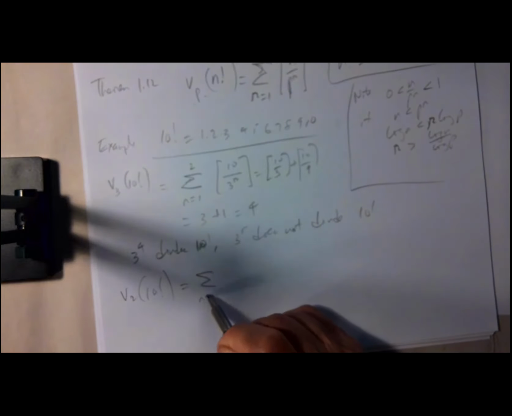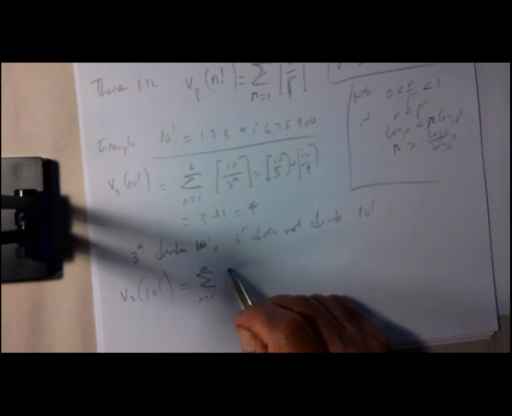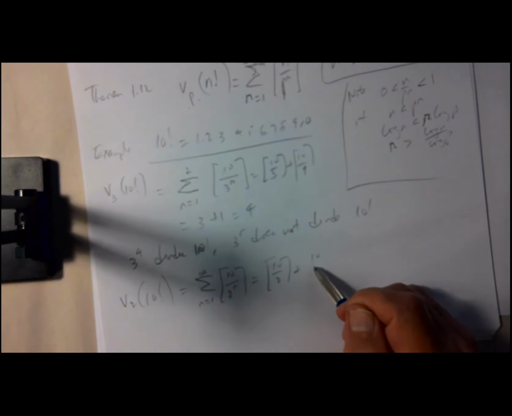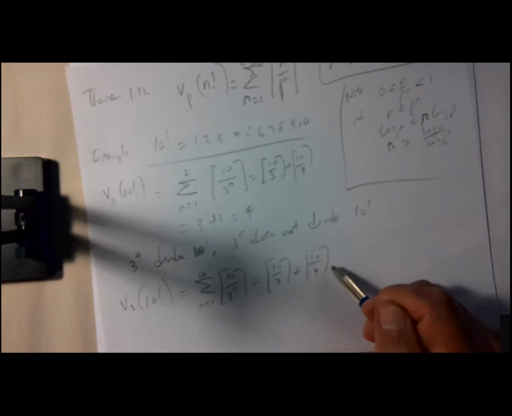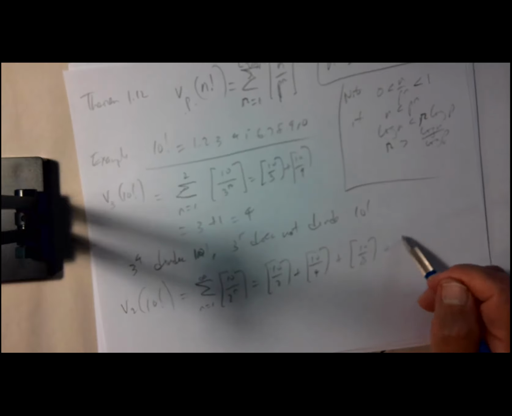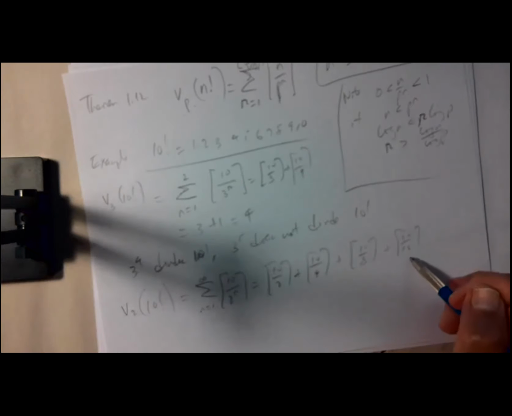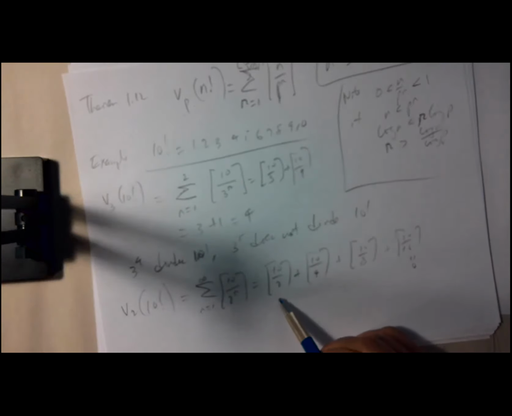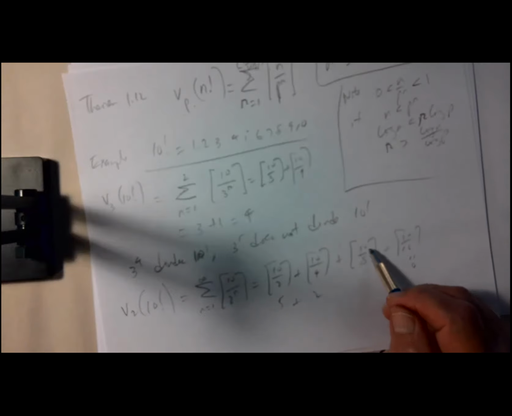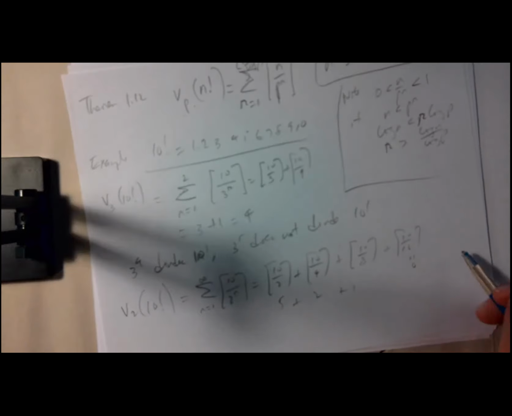This is a sum over r of the integer part of 10 over 2 to the r. So that's the integer part of 10 over 2 plus the integer part of 10 over 4 plus the integer part of 10 over 8. And the integer part of 10 over 16, that's 0. 10 over 2 is 5. 10 over 4, that's 5 halves, that's 2 and a half, so 2. 10 over 8, that's 5/4, so 1.